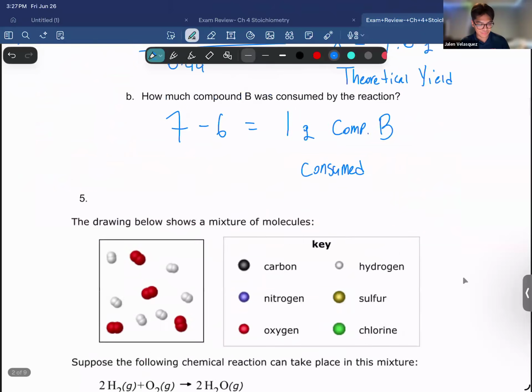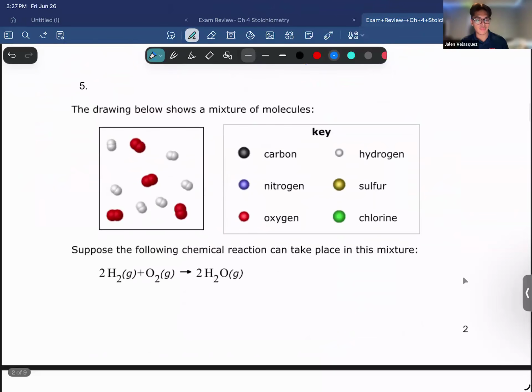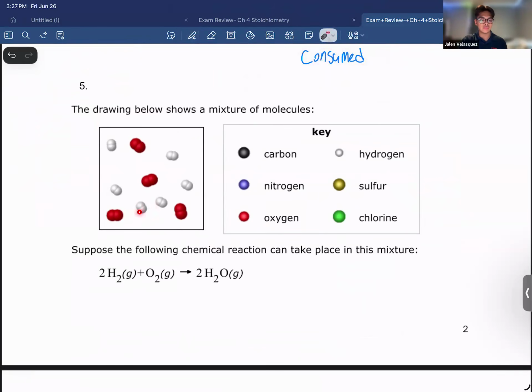Number five. This drawing below shows a mixture of molecules. We have these white and red ones. The white is hydrogen, red is oxygen. And suppose this chemical reaction happens in this mixture. So we have the formation of water from hydrogen and oxygen, the white and the red.